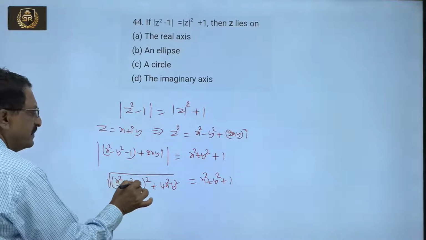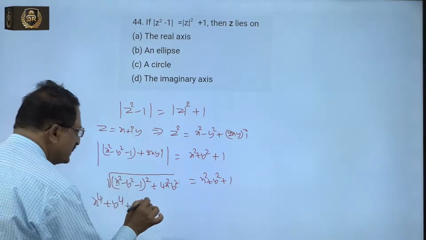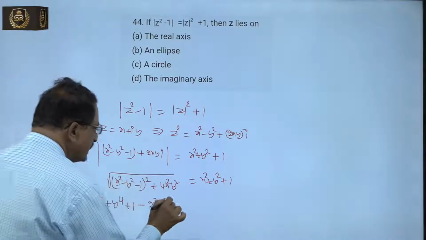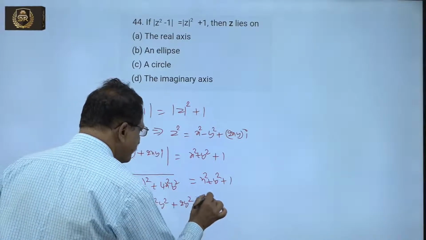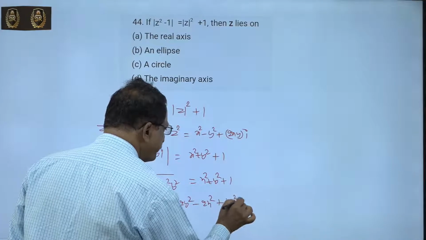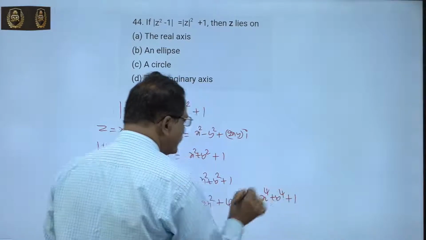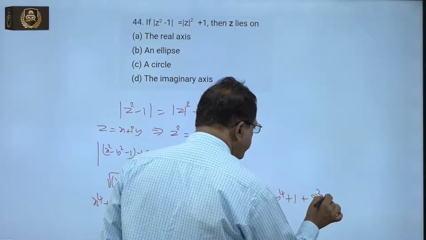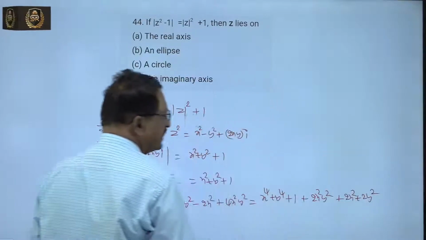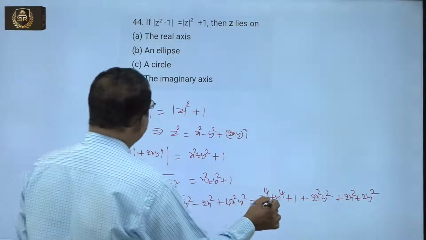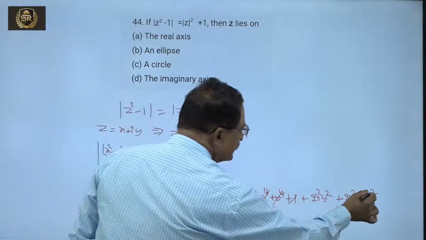After expanding, x to the power 4 plus y to the power 4 plus 1 minus 2x squared y squared plus 2y squared minus 2x squared plus 4x squared y squared equals the right side, also squared: x to the power 4 plus y to the power 4 plus 1 plus 2x squared y squared plus 2x squared plus 2y squared. Now on both sides x to the power 4 and y to the power 4 cancel, and 1 also cancels. Next 2y squared cancels.